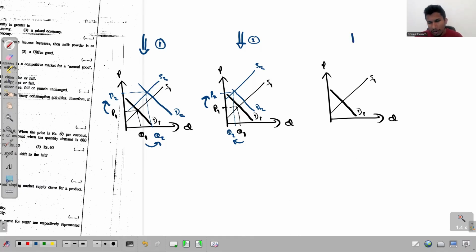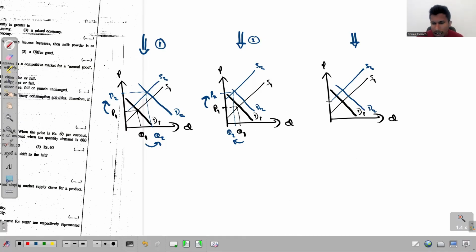And I'm going to show you another situation where the ratio of increase in demand is equal to the ratio of decrease in supply, which means the gaps between the two demand curves and between the two supply curves are identical, the same. Now let's see what will happen.